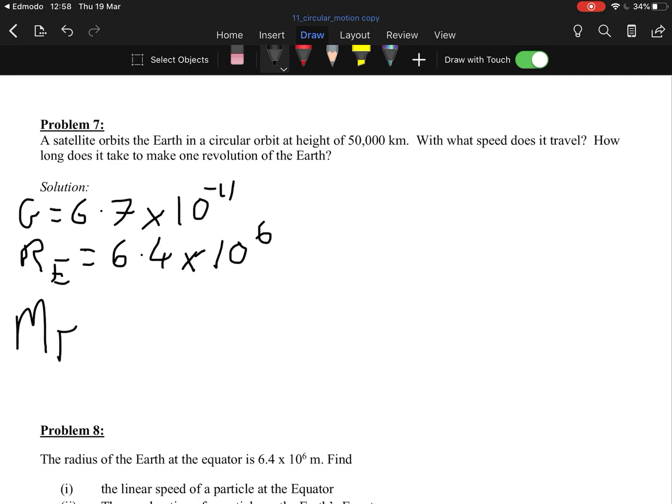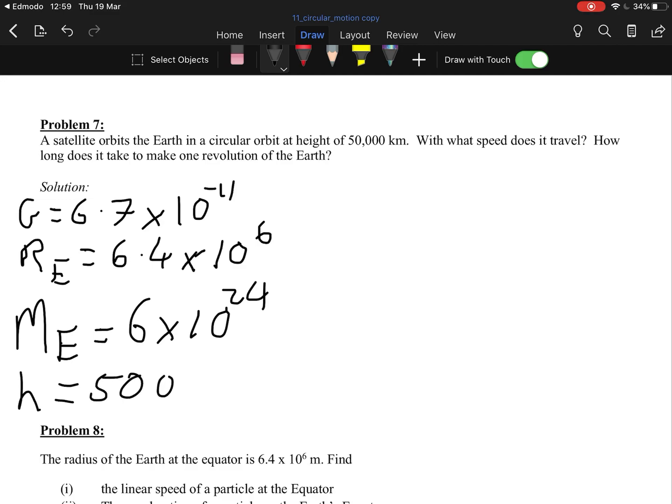The mass of Earth equals 6 by 10 to the 24 kgs. We were told the height is 50,000 by 10 to the 3, not minus 3, apologies there. 10 to the 3 meters.